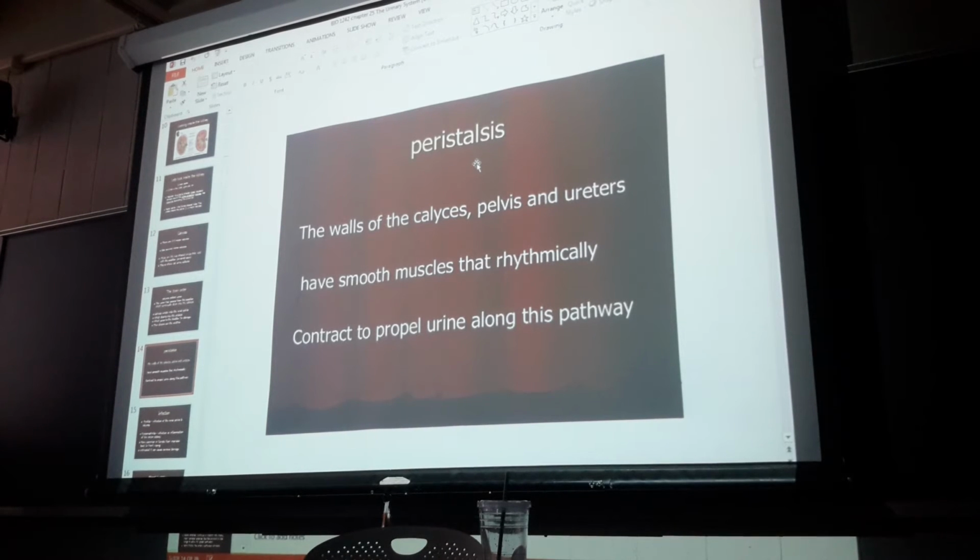The bladder as well, and it has a rhythmic contracting that's called peristalsis. It contracts and then it relaxes. So instead of skeletal muscle contracting and relaxing voluntarily, smooth muscles are contracting and moving via peristalsis.